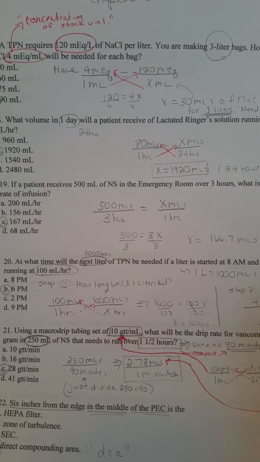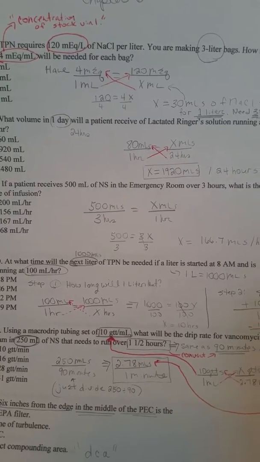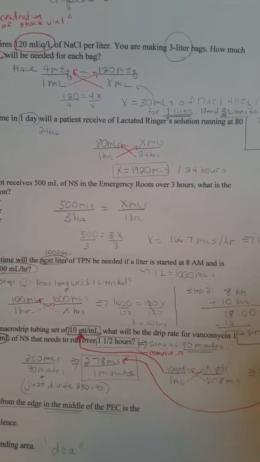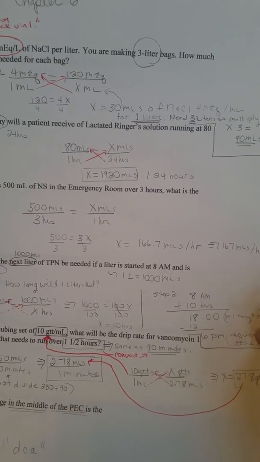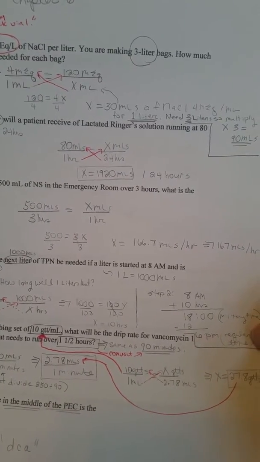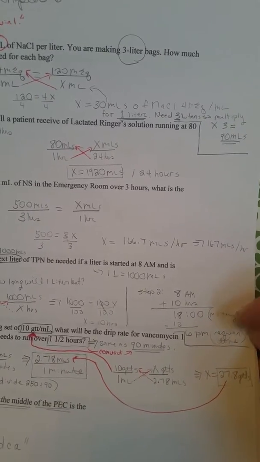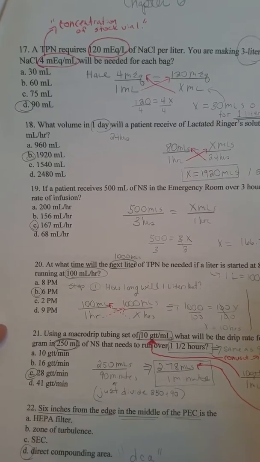You set up a proportion and cross multiply. It's going to give you 30 mLs of sodium chloride to equal the 120 milliequivalents, and that is per liter. And we're making 3 liters, so we multiply that times 3 to give us 90 mLs per 3-liter bag. So D.